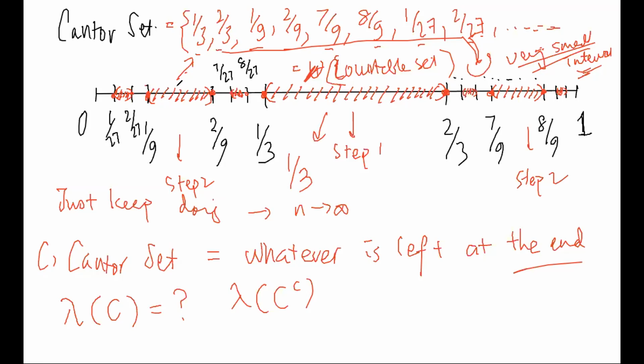Then the second step, you throw out this interval and this interval. So the first interval is 1/3 plus the second interval, which will be 1/9, but you got two pieces.